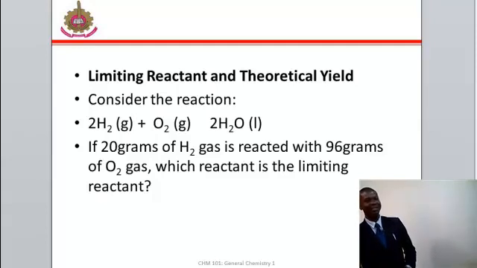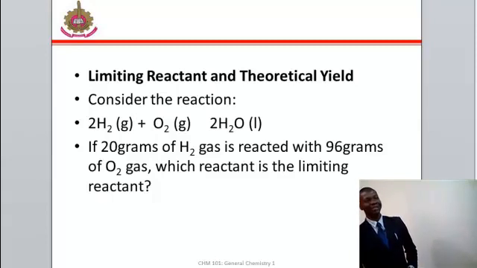To calculate the yield of each reactant, the mole ratio between each reactant and the product is needed to complete the equation. So the mole ratio between O2 and H2O is 1 mole of O2 over 2 moles of H2O. The molar mass of each of the reactants is given as stated on the board, and again, all the units are grams per mole. Now, how much H2O is formed from 20 grams of H2?